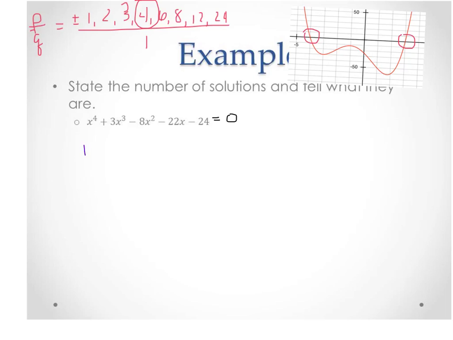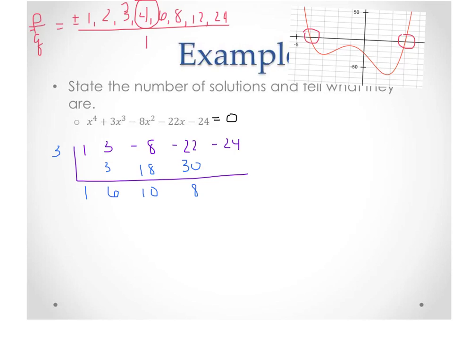We're going to do 1, 3, negative 8, negative 22, negative 24, and divide this by positive 3 first. So we drop, multiply, add, multiply, add, multiply, add, multiply, add. Perfect, that's what we're looking for.